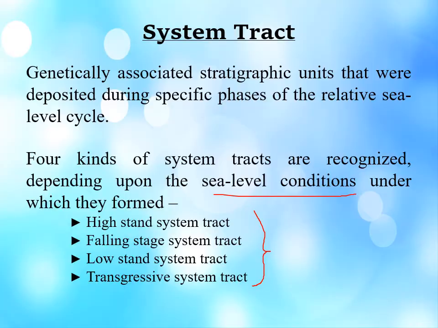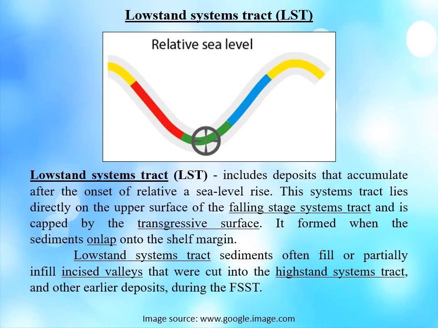I'll take them one by one. So start with the lowstand system tract. Here you can see a sea level curve, a sine curve of relative sea level. Lowstand system tract is the lowermost position. It includes the deposition that occurs before a relative sea level rise, that is after a rapid regression.